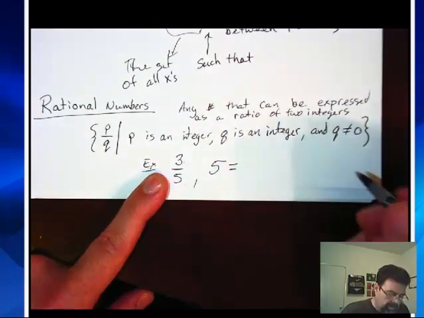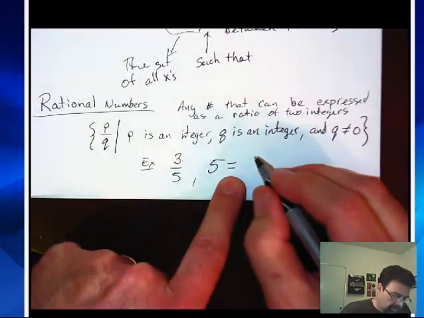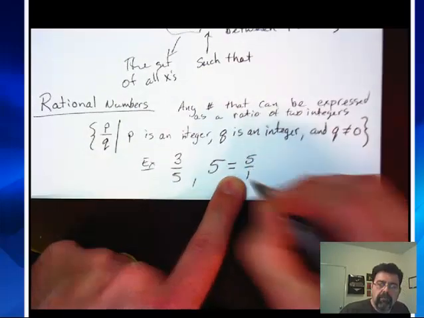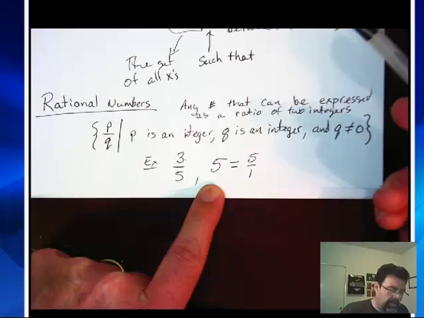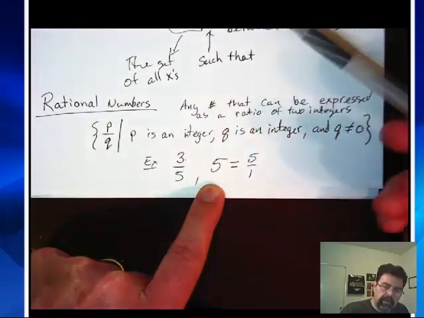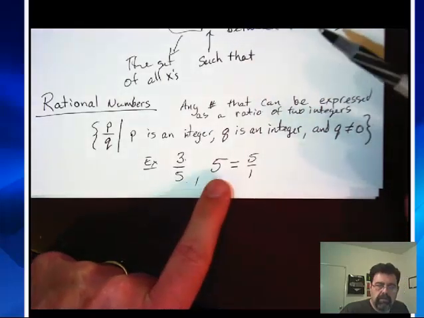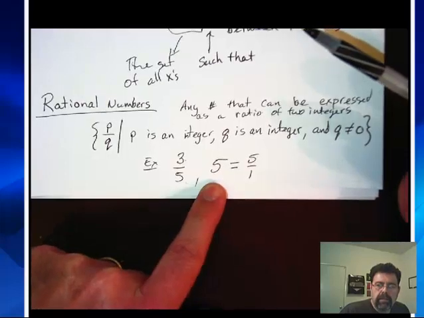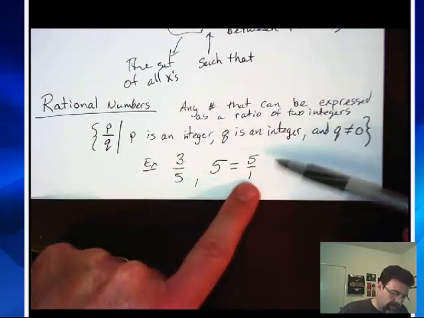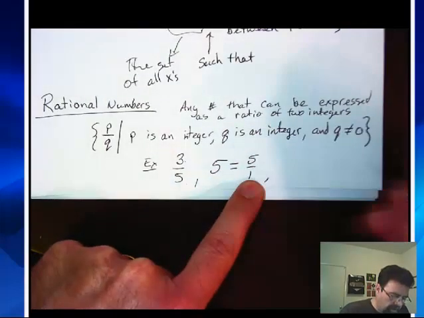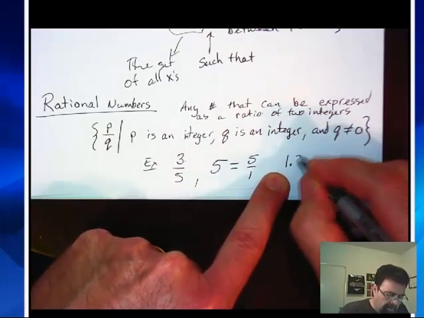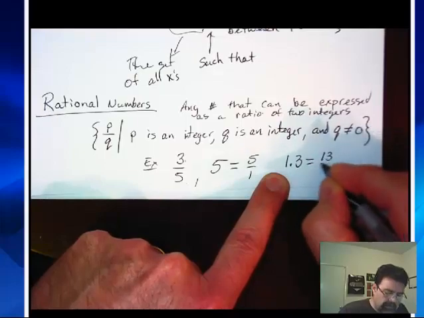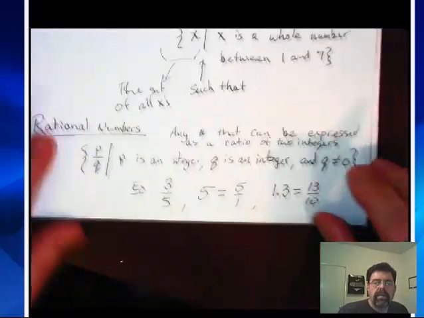We know any whole number we can write as a fraction. We can write it as 5 over 1. So 5, even though 5 is a whole number, a natural number, an integer, it's also a rational number, because we can write it as a ratio of two integers. 1.3, well, we can write that as 13/10.